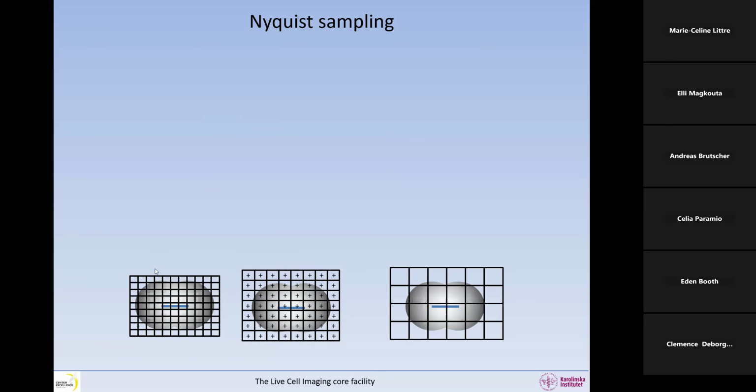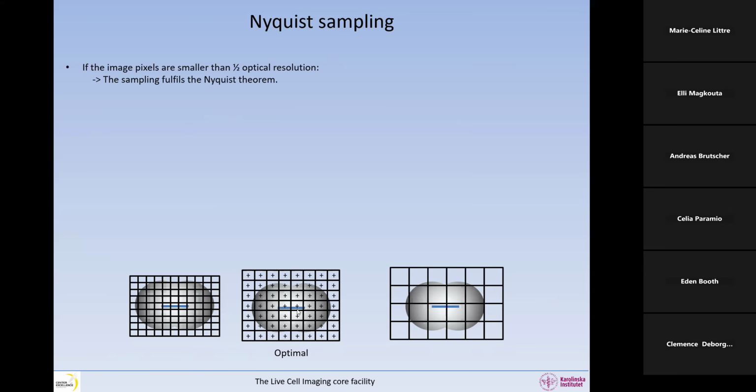But we could reconstruct the image with smaller pixels or larger pixels. If the image pixels are smaller than half of the optical resolution, which is the case here, because you see the optical resolution sticks out a little bit, so these pixels are smaller than half of the radius, in that case the sampling fulfills the Nyquist theorem.